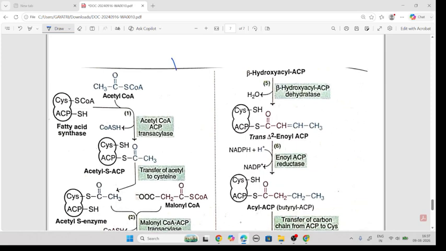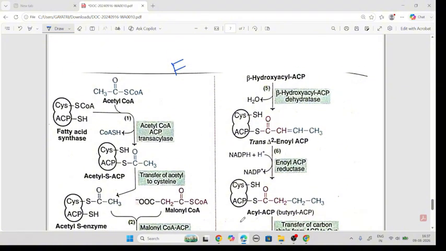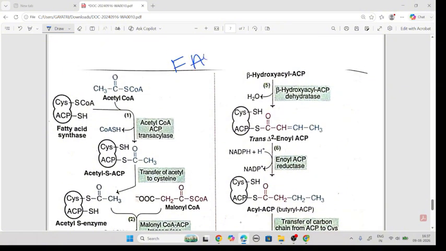This is a complex, a multifunctional enzyme capable of doing oxidation, reduction, carboxylation, everything can be done by our FAS.